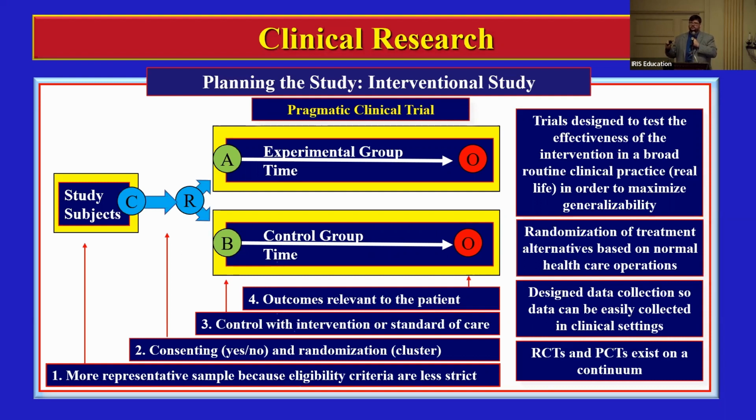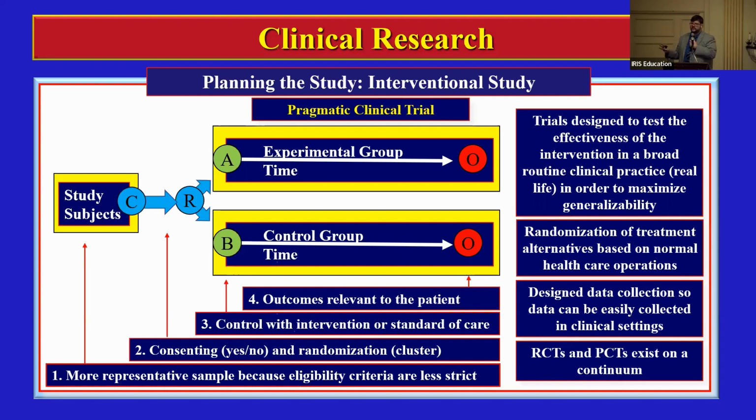And then oftentimes they will trade off doing pre-post interventions. And so the randomization is handled in that manner. So we're not randomizing necessarily individual patients, but the units that they're in. And then the data collection is designed to be easily accessible through, say, the medical record and through routine care.